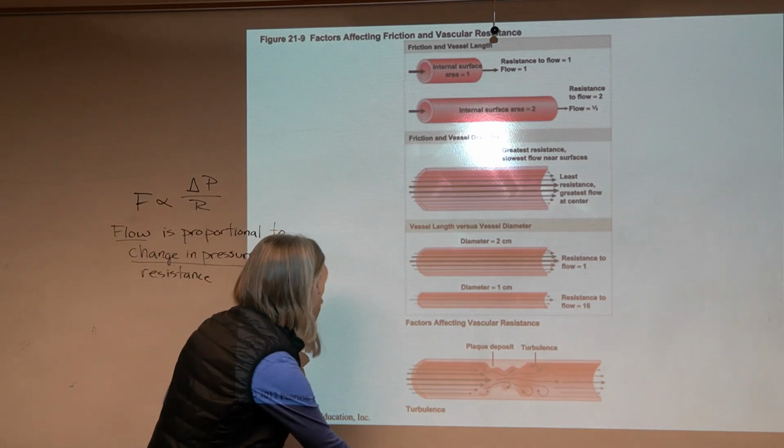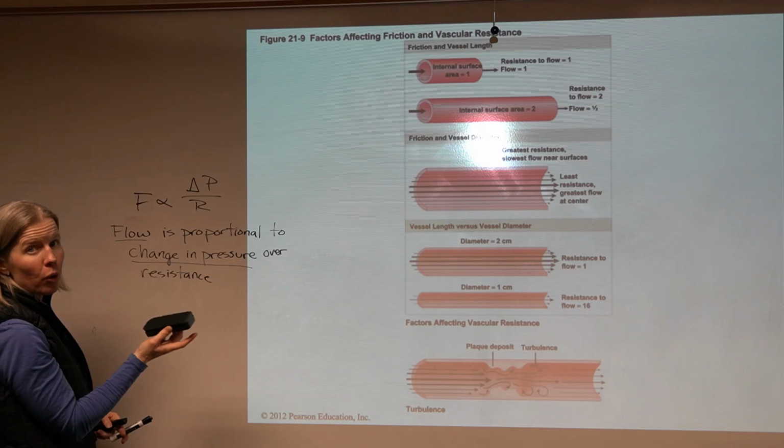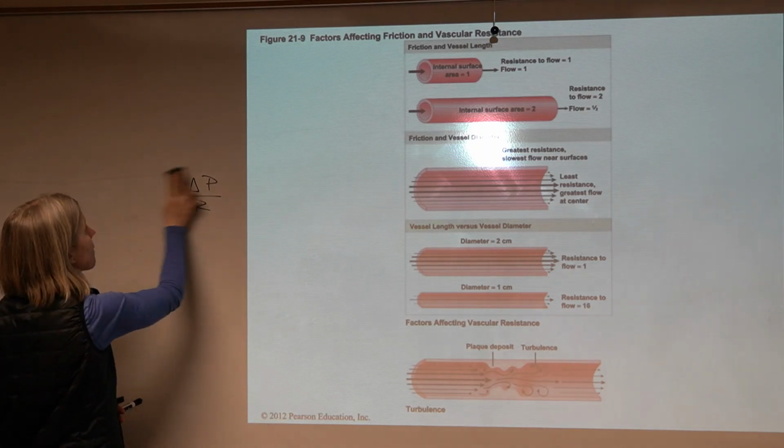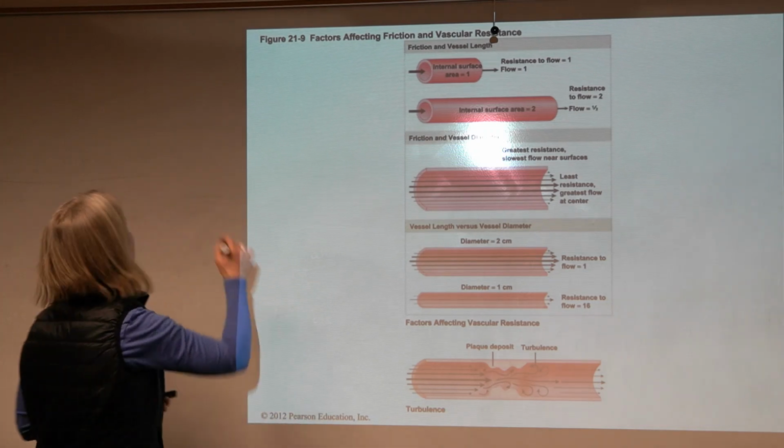Okay, so this resistance, let's look at what sort of components are involved in vascular resistance. So total peripheral resistance is really made up of three main things.